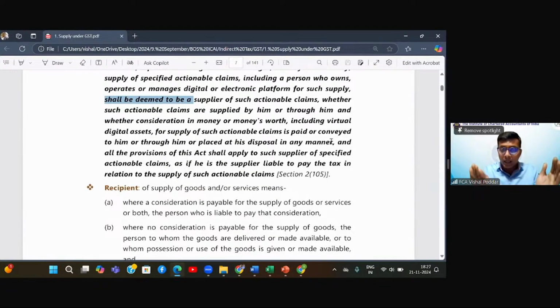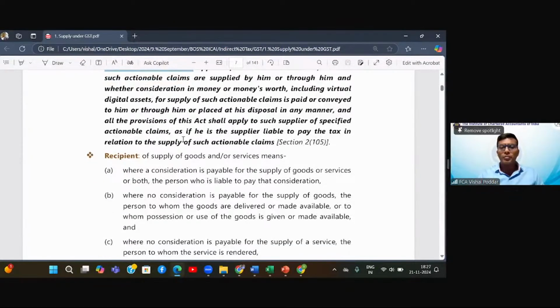So see how this entire definition is designed. And then it says, all the provisions of this act shall apply to such supplier of specified actionable claim as if he is a supplier liable to pay tax in relation to the supply of actionable claims. Now, Hemant, I think now you would have understood this definition very clearly when you understand the context of why this particular definition was made.